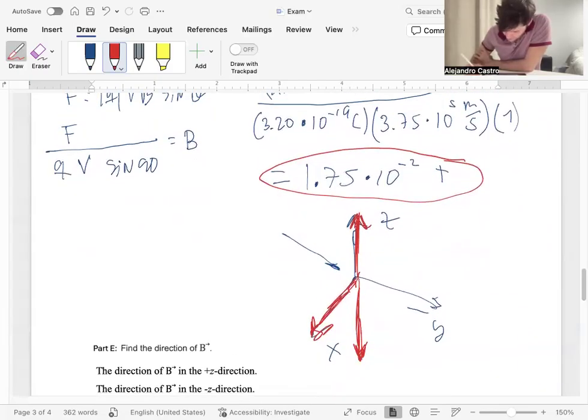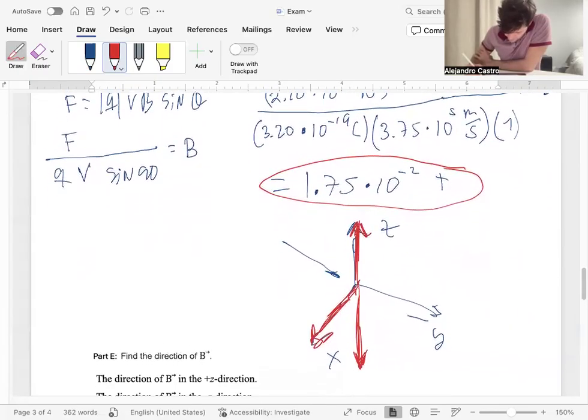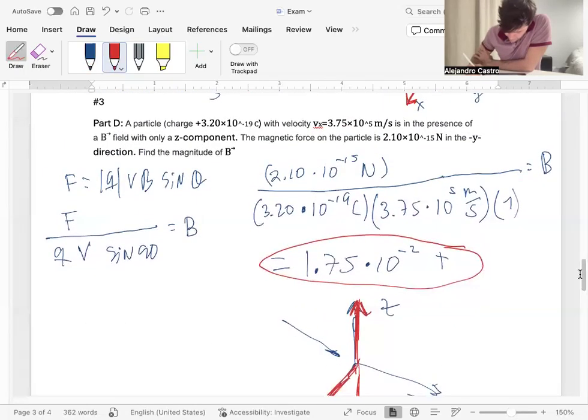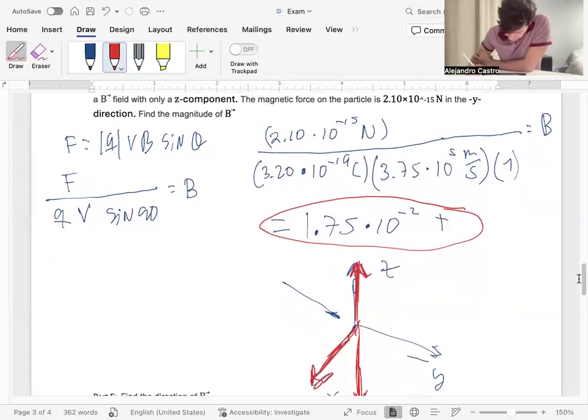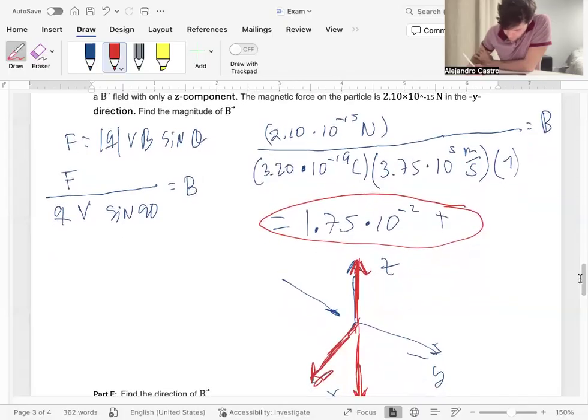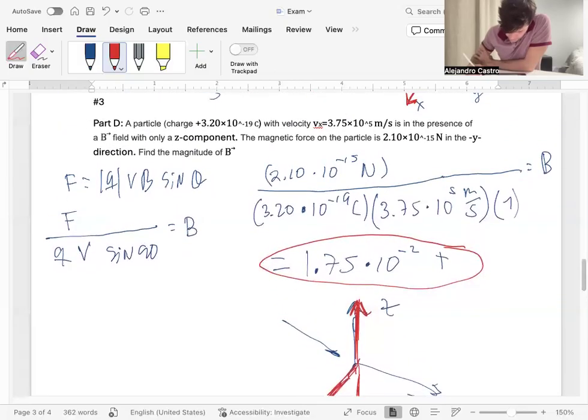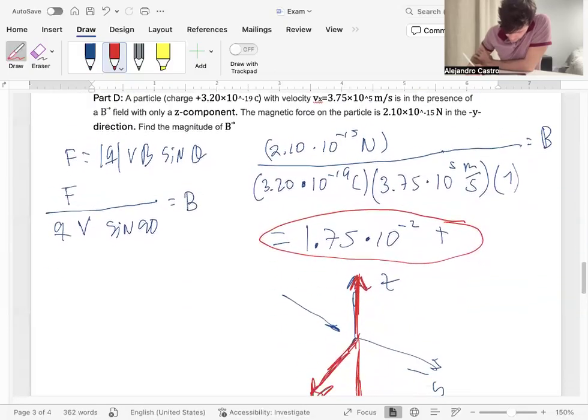And for it to go straight, it means that the field will have to go up. The magnetic field has to be on the positive.